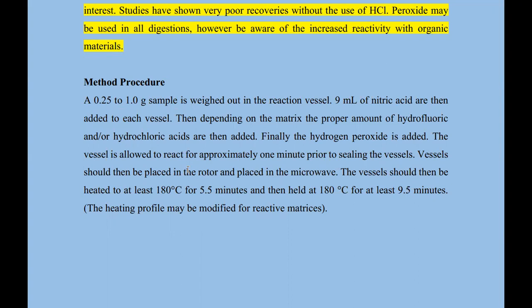So if you find that such samples cannot decompose by heating, then you don't go for dry ashing. It's important you go for wet ashing because of the presence of acids as well as elevated temperature and pressure. You find that these samples become easier to dissolve. So that is what microwave acid digestion is all about.